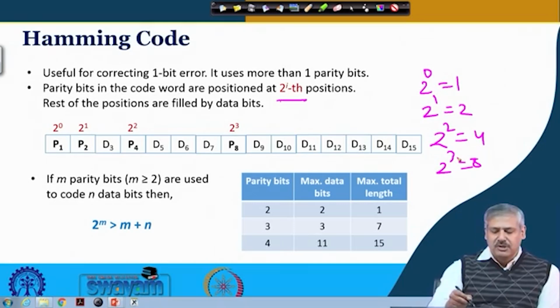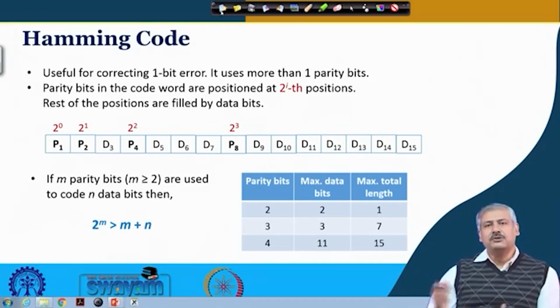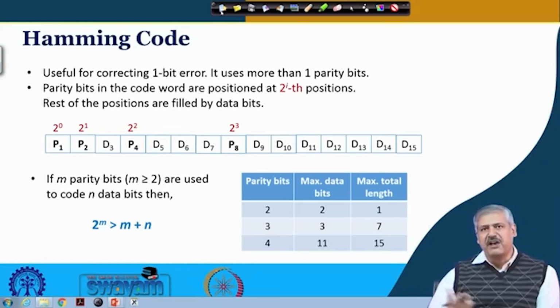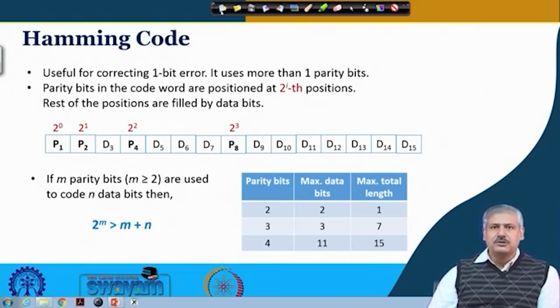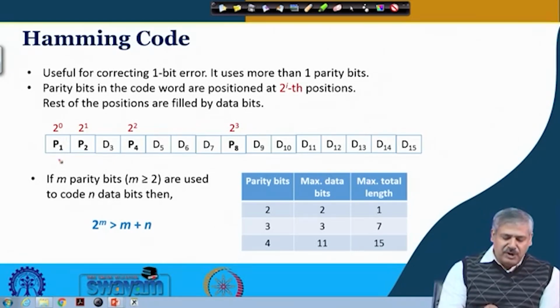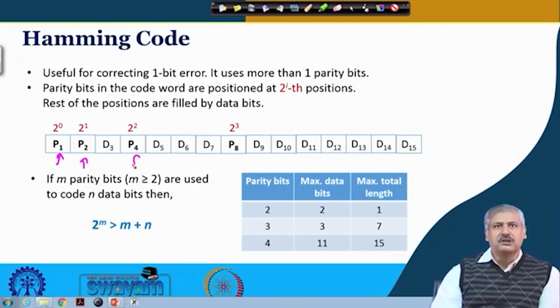So, if we have a total code word that includes these parity bits, which are included for the coding purpose, and the data which contains the information or the message or the numeric value, and we include all of them together, then in whatever code word is formed, 2 to the power 0, that is the first position, 2 to the power 1, the second, 2 to the power 2, the fourth, then 2 to the power 3, the eighth.